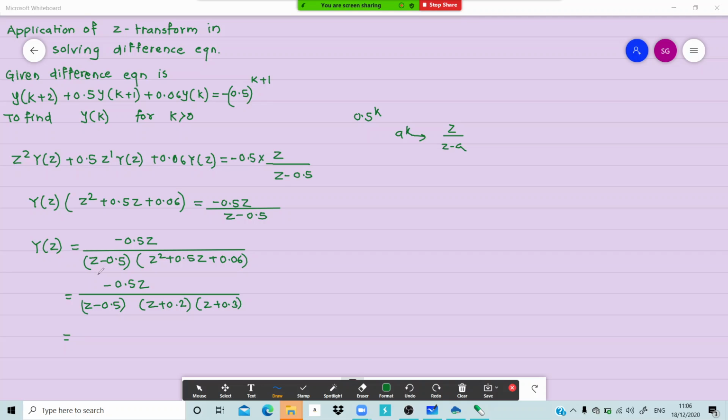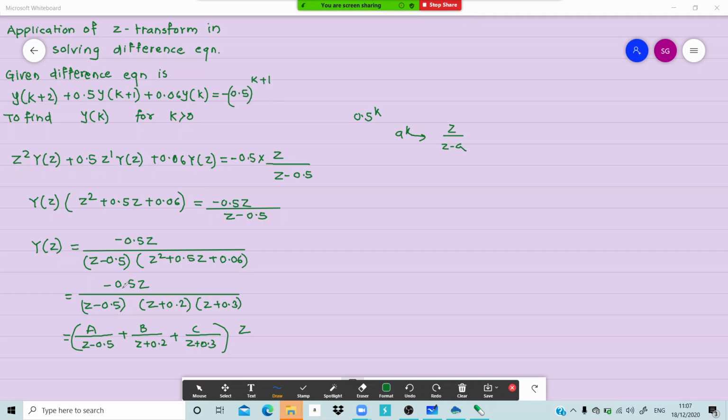So, is equal to, I'll write A by z minus 0.5 plus B by z plus 0.2 plus C by z plus 0.3, and z I'll take it out, so only for 0.5 you find out.